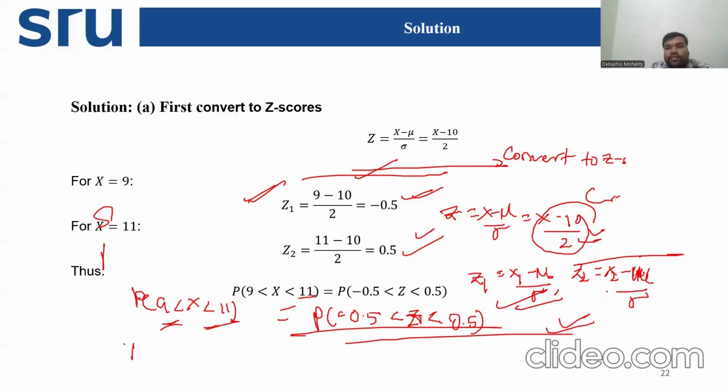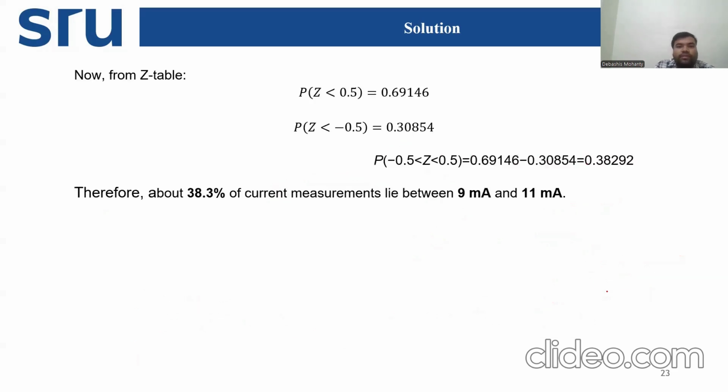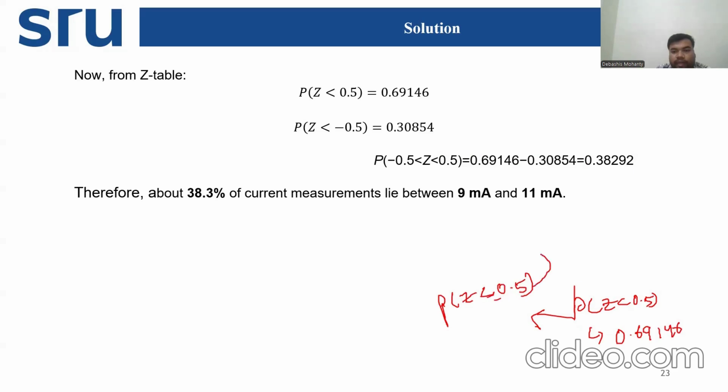Okay students, next coming to the solution. After calculating these values, we need to look at the Z table. The probability of Z less than 0.5, using the normal distribution table, is 0.69146. When calculating the probability of Z less than minus 0.5, using the normal distribution table, we get 0.30854.